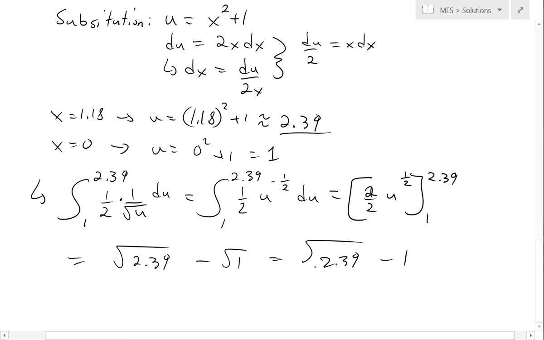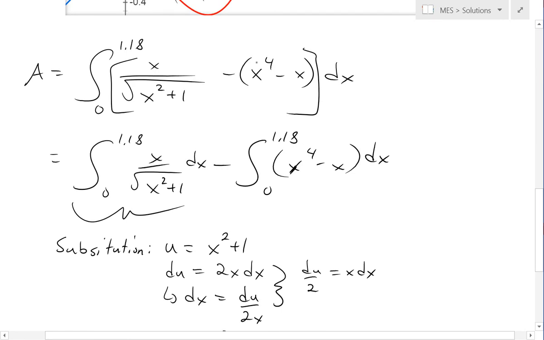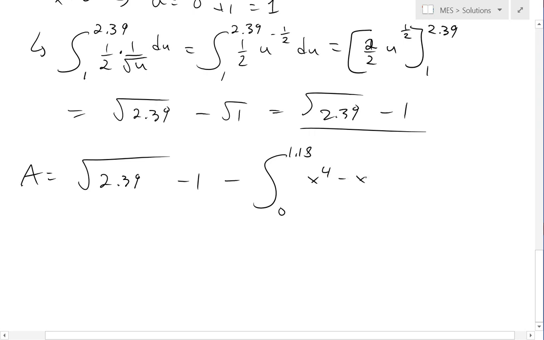So now we've solved the first part of the area integral problem. Now we need to solve this one right here, which is more straightforward. So the area is equal to the first part, 2.39 minus 1, and now this is minus the integral from 0 to 1.18 of x to the 4 minus x dx.